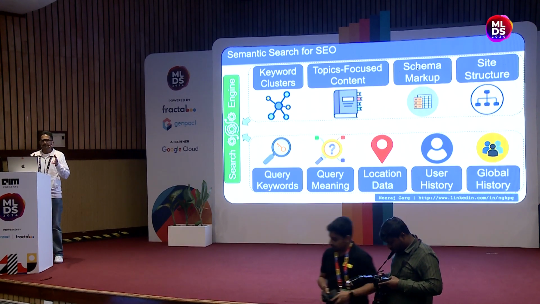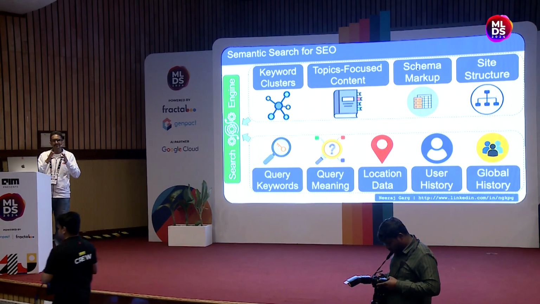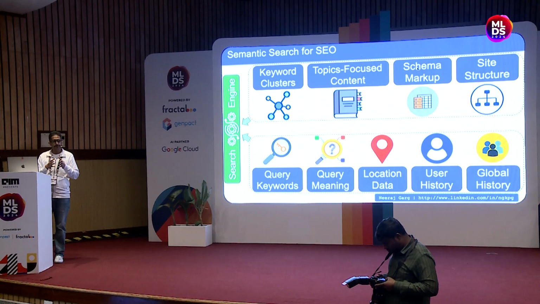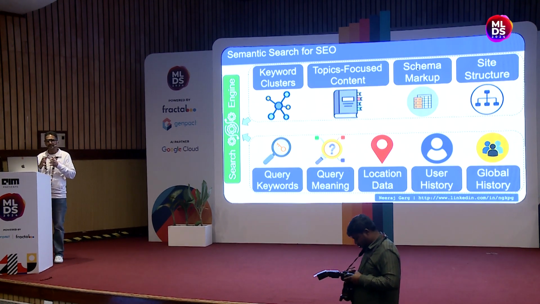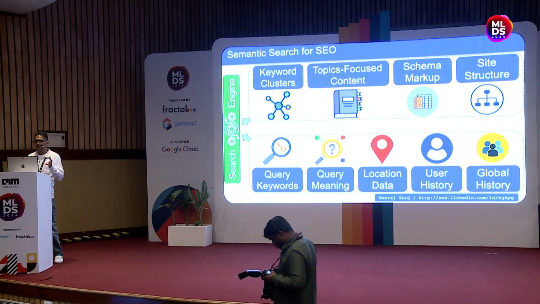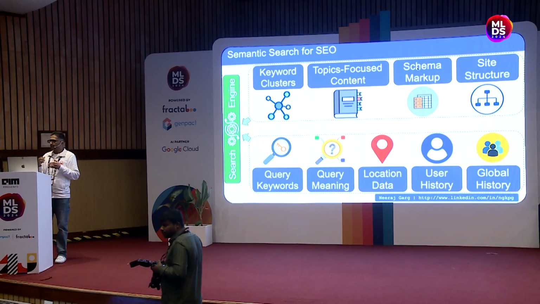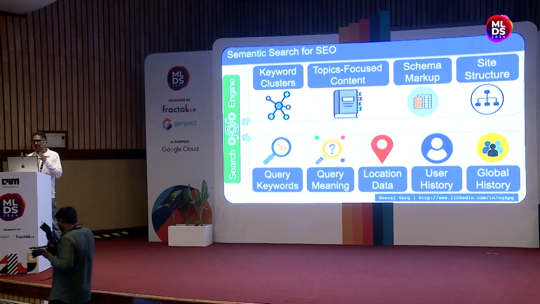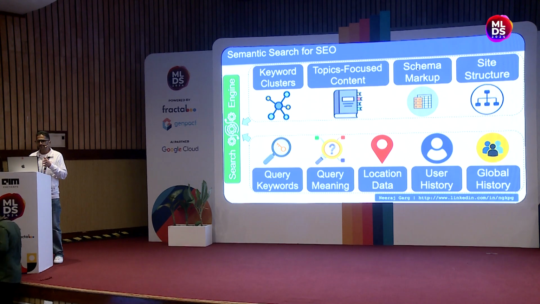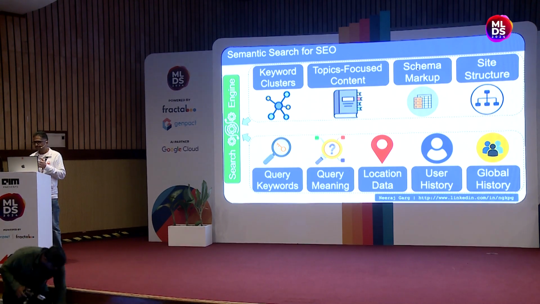And that does not mean, of course, that we forget about keywords. That's still an important piece, because keywords are still extracted and still used in the hybrid search engine overall. So we still need to make sure that our web pages have optimized keyword clusters.